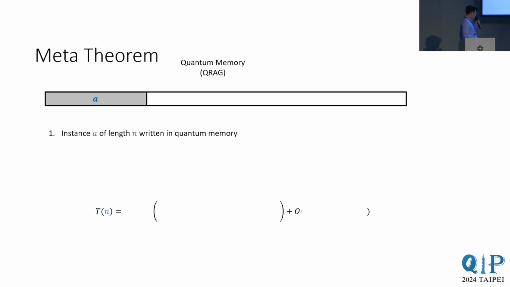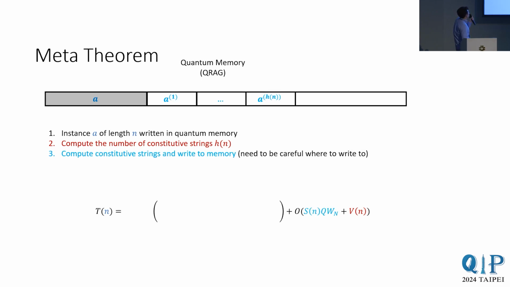Here comes our meta theorem. If we have a problem satisfying the conditions of a constructive maximization problem, we can directly give a quantum algorithm with its time complexity. So how does it look? First of all, we compute the number of constituent strings, which is h of n. Then we compute the constituent strings and return them back to the memory.